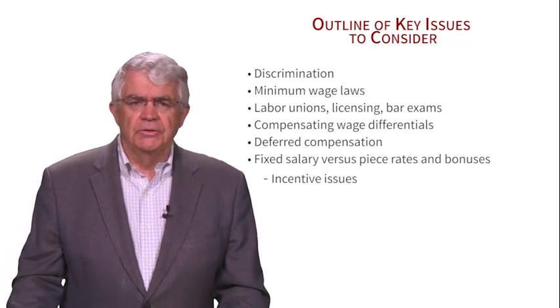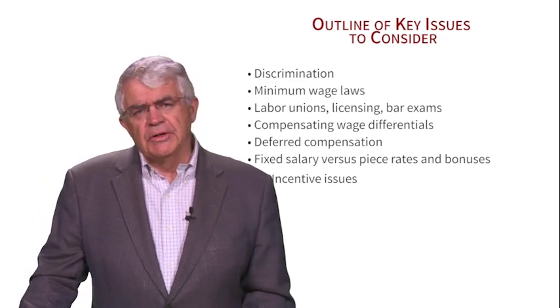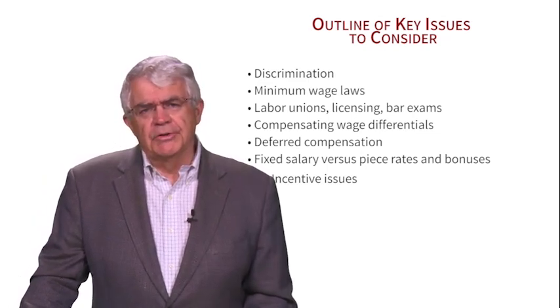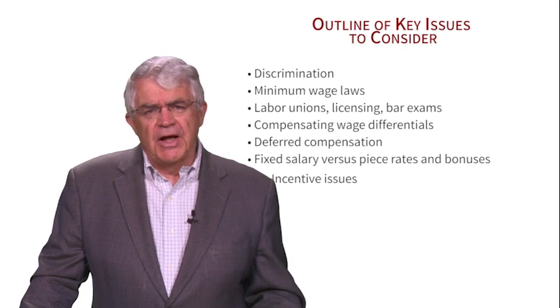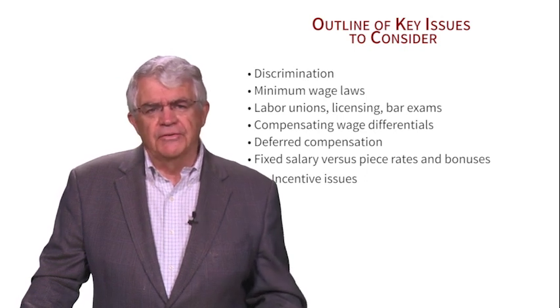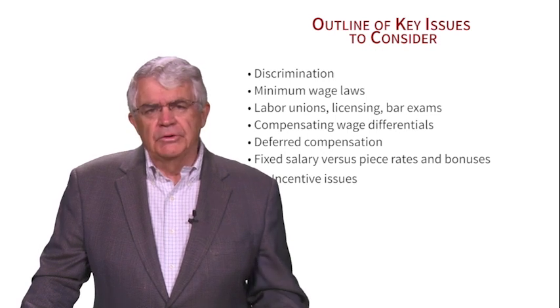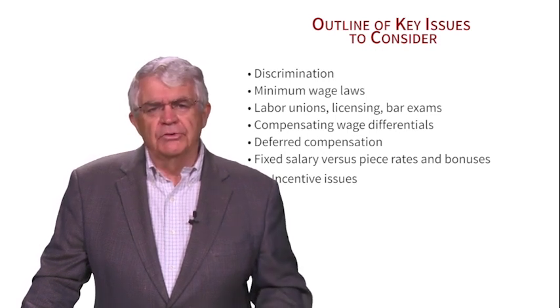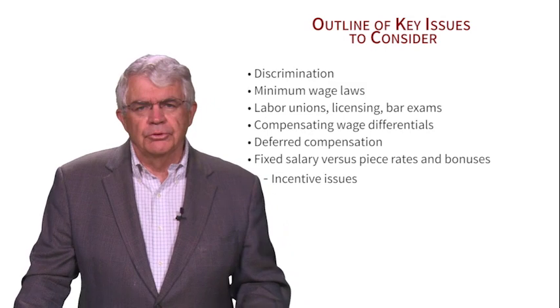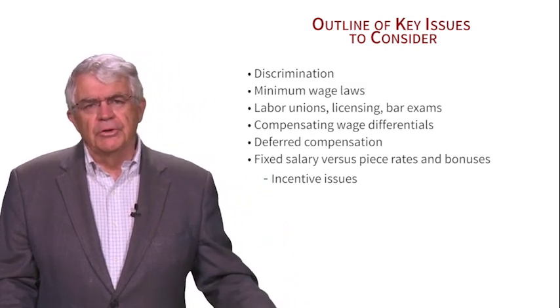And then finally, wages are paid in different ways in most market economies. Some people just get a fixed salary. Say a professor just gets a fixed salary for the year. In the period where classes are in session, they're working harder, or doing more teaching, than in periods when they're not in session.